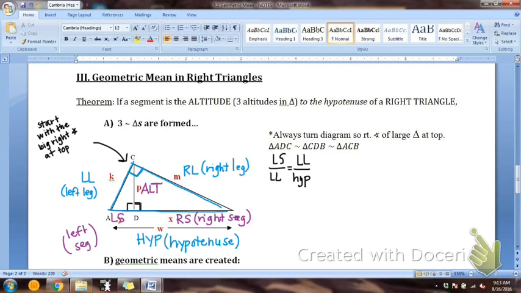Remember that if you look back at your notes from yesterday, x was the geometric mean, right? It was on the bottom and then on the top again. So which segment do we have on the bottom and then on the top again? Left leg. So in this proportion, left leg is going to be the geometric mean. That's what we call that. Okay, likewise, we're going to have right segment over right leg equals right leg over hypotenuse.